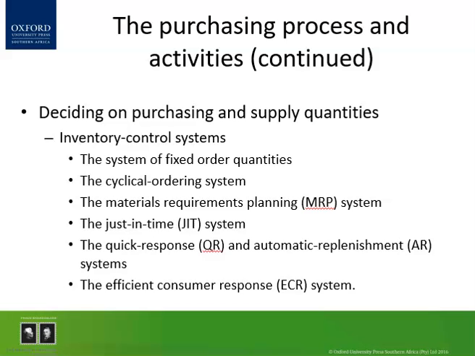In this case also, an organization makes orders when inventory levels reach a certain level. So it's different from fixed order quantities, because with fixed order quantities, it's about time. They consider time, but with cyclical ordering system, they consider inventory levels in the organization.